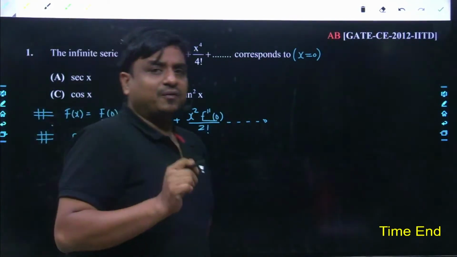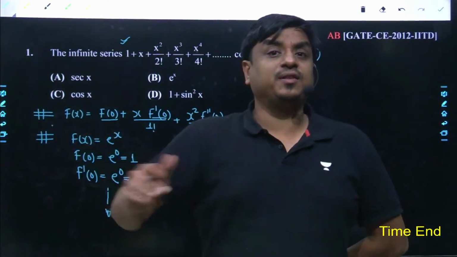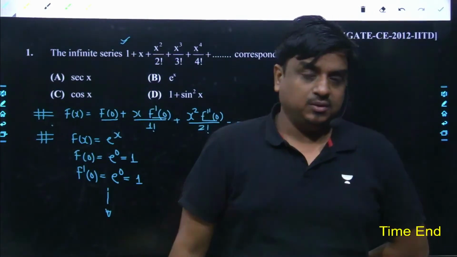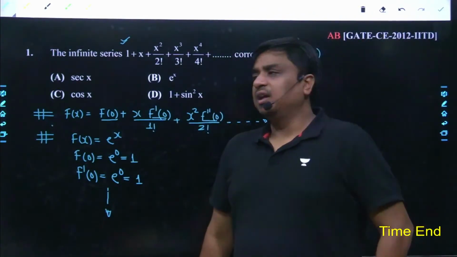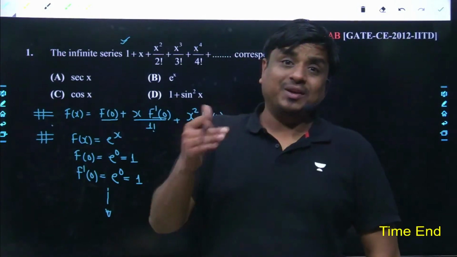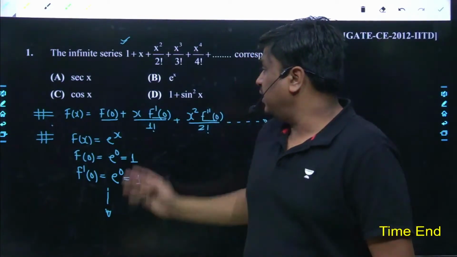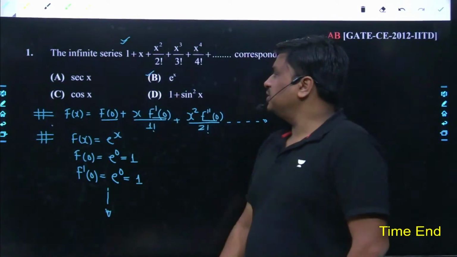That means I should have a function which, when I keep x equals 0, while its successive differentiation, must give the same value. And that is only one function, e to the power of x. If you keep differentiating e to the power of x, you will find that the slope itself matches the function, and that is why the best answer is B.